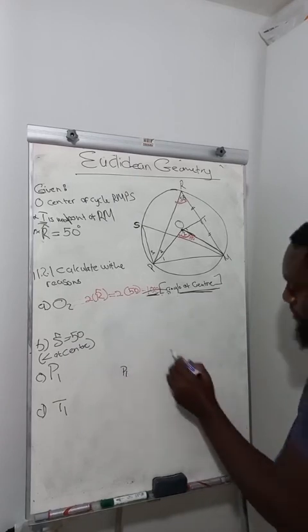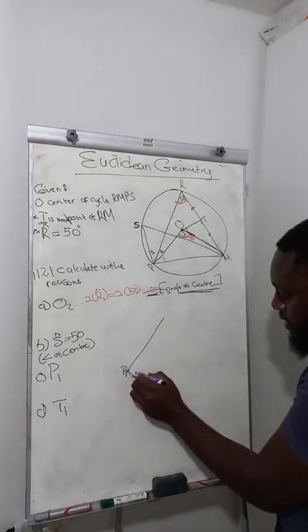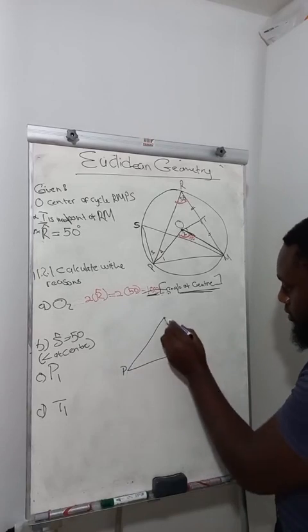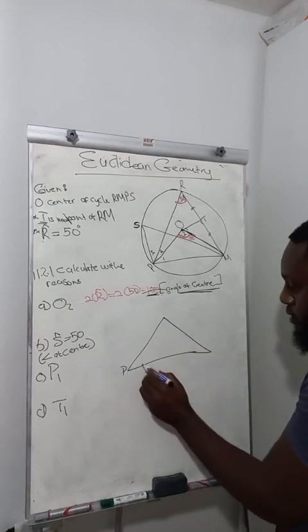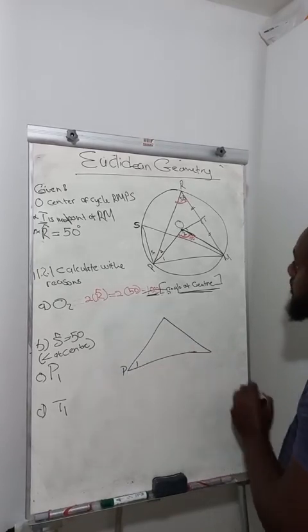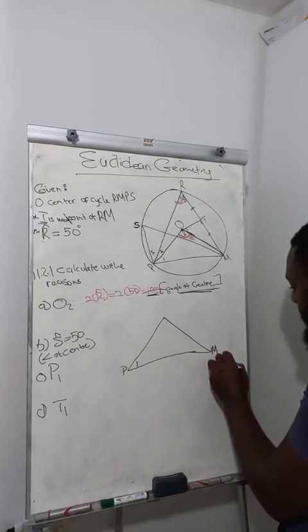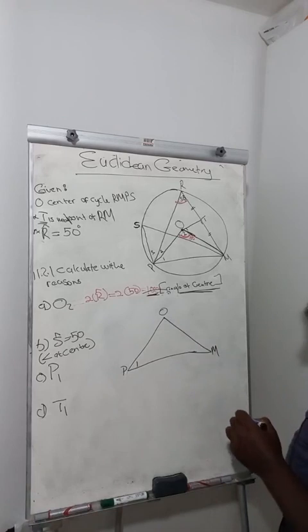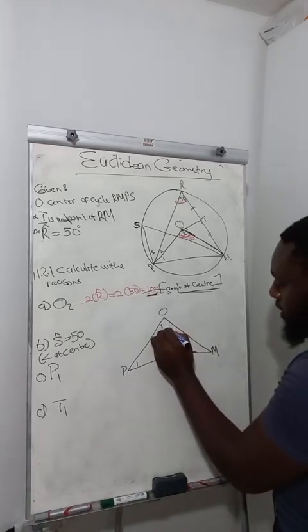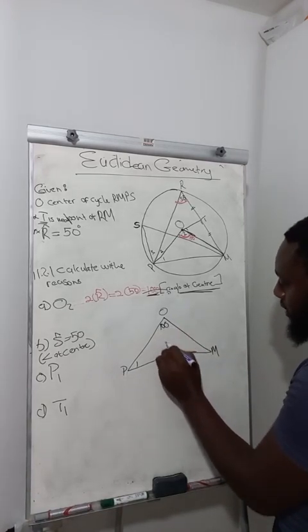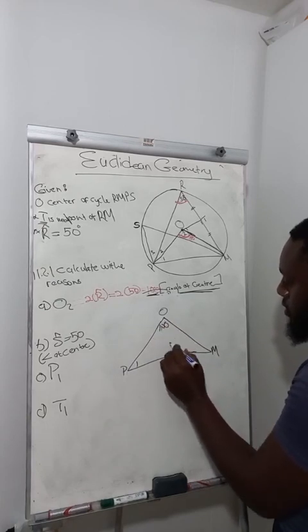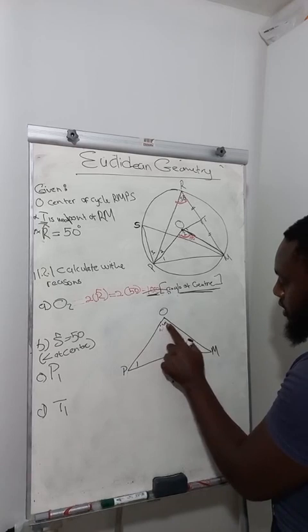But there is a drawing which is like this. This is P1 here, this is M here, this is O here, and this is 100 here. This is 100, guys.